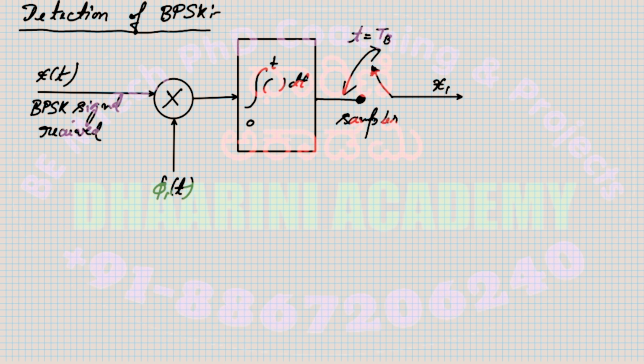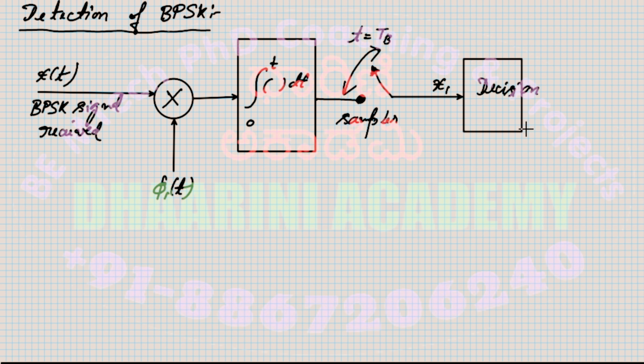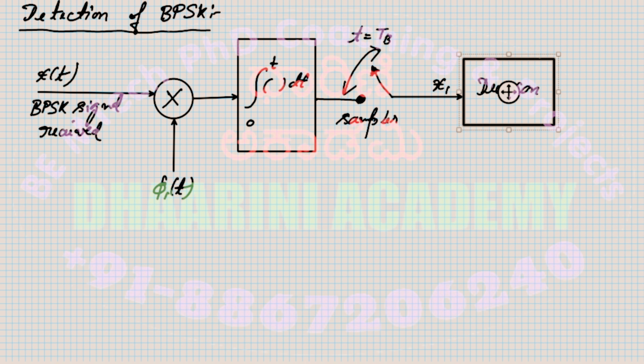Now we pass this through a decision making circuit. Just now we discussed the constellation diagram. You should get the x1 so that you can make a decision whether 0 has been sent or 1 has been sent.